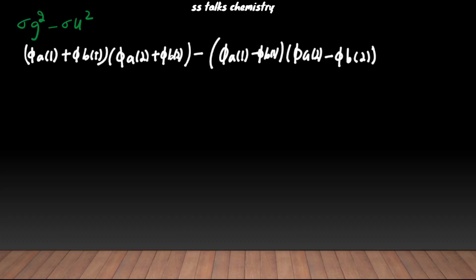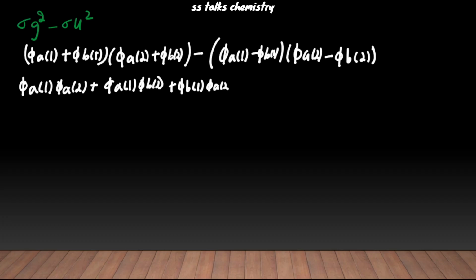So now open this, it will become phi A1 into phi A2 plus phi A1 into phi B2 plus phi B1 into phi A2 plus phi B1 into phi B2. So this is what we are getting, minus of.